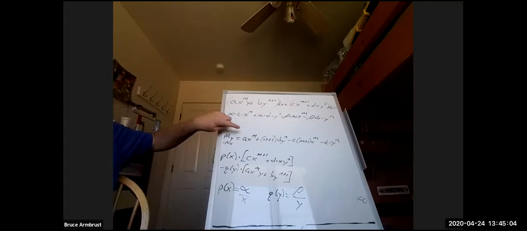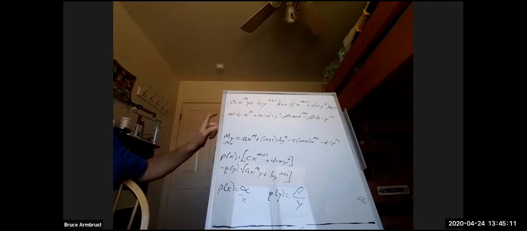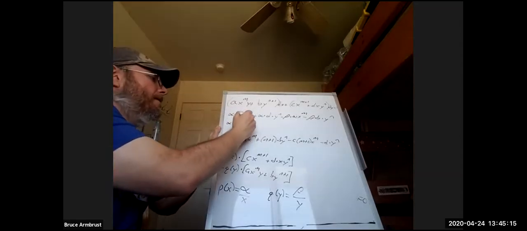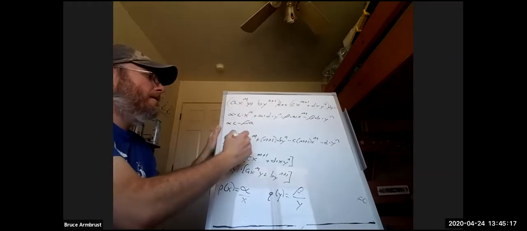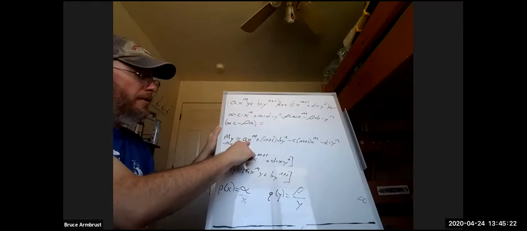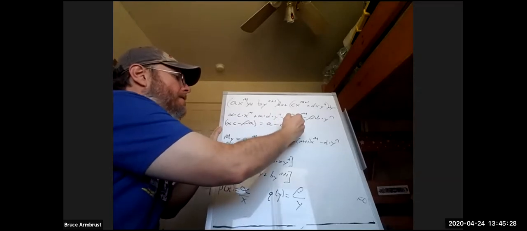So if I go with x to the m from our p of x minus q y business, we're going to get alpha c minus beta a. And what we're going to need is for that to equal the multiple on x to the m here, which is going to be a minus cm plus c.